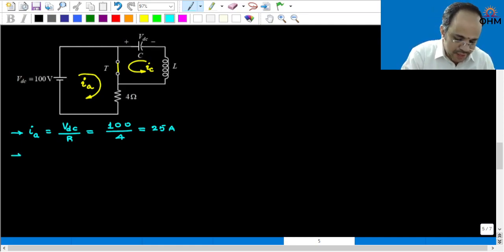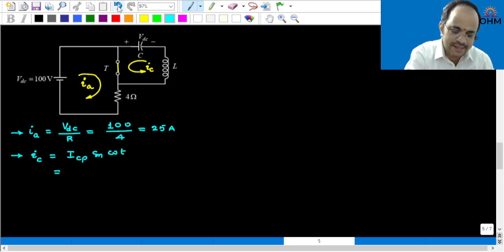Now, there is another component, IC, equal to IC peak sin omega t in ampere. What is the IC peak here?